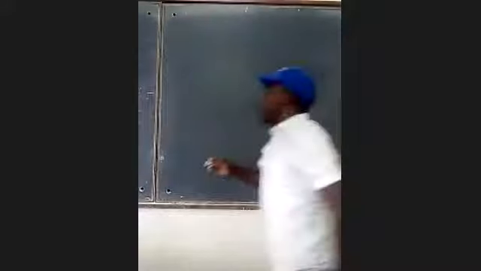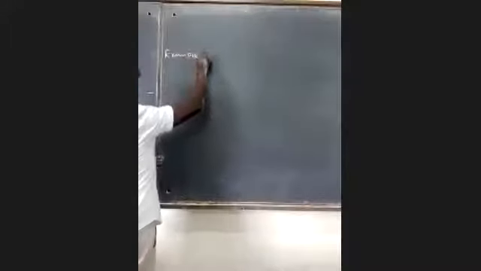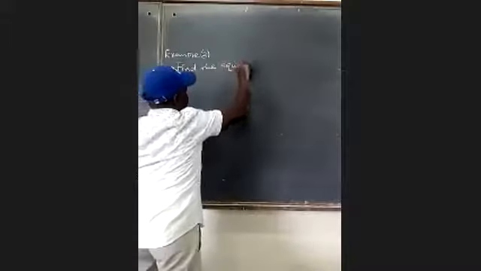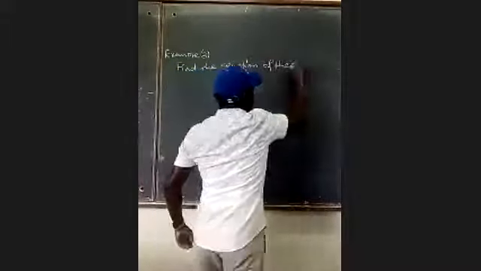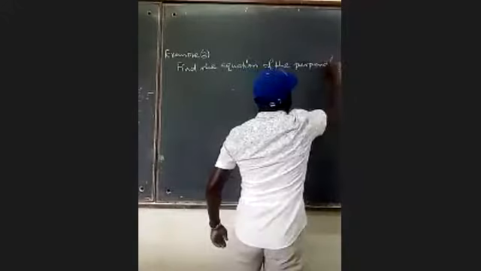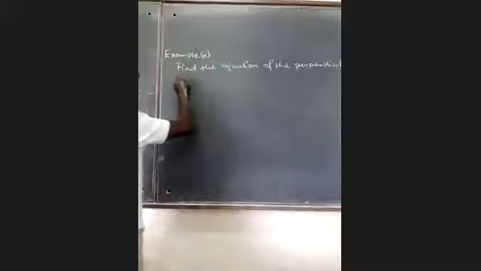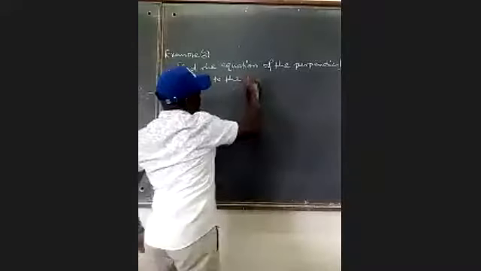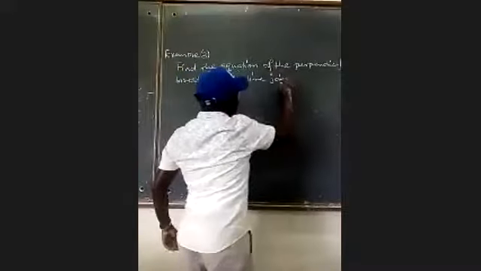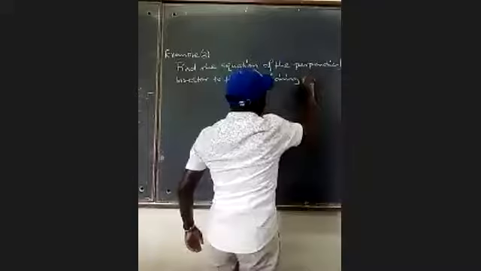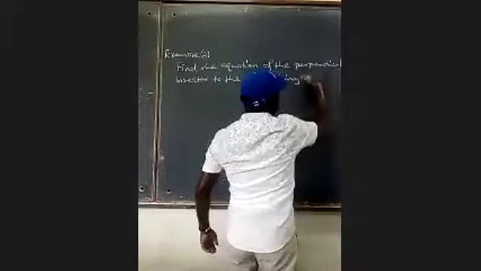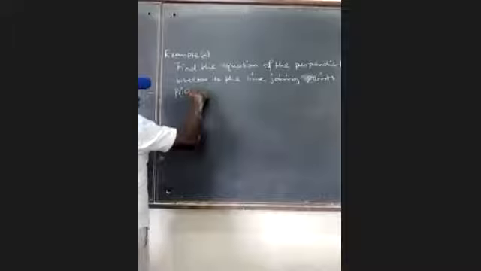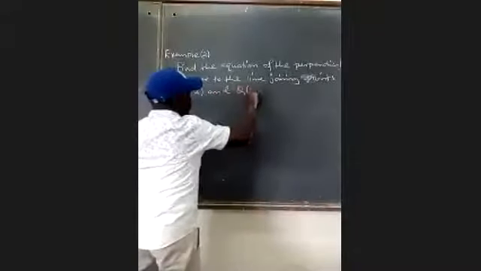Okay, I only need the point. So example 2: find the equation of the perpendicular bisector to the line joining points P, 10, 2, and Q, 2, 4.